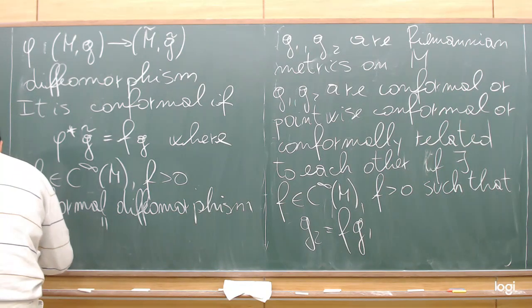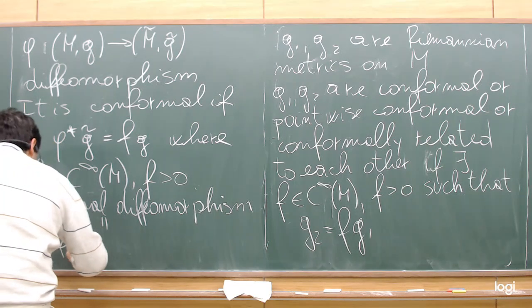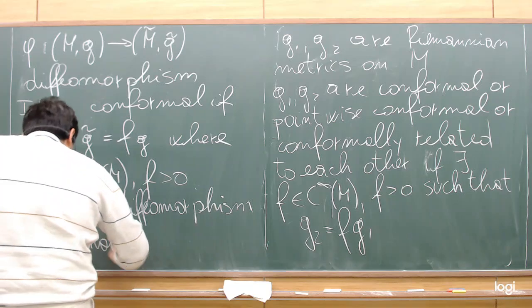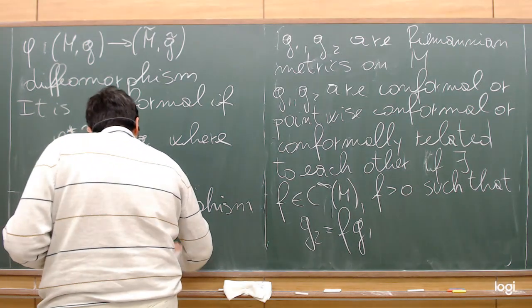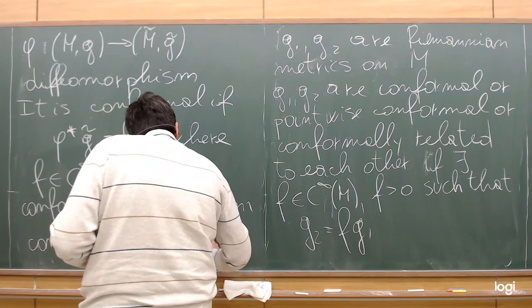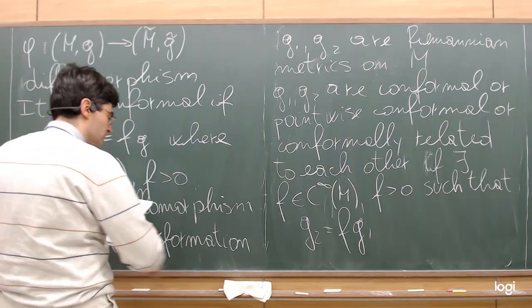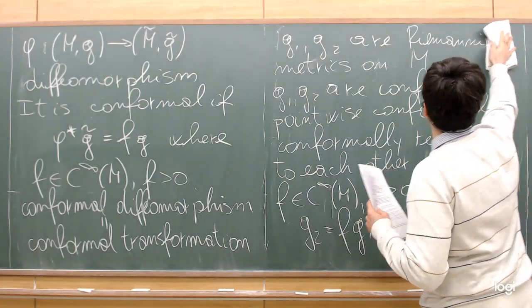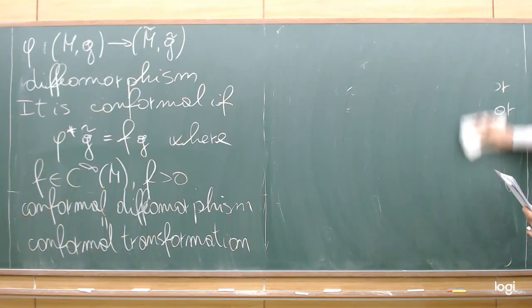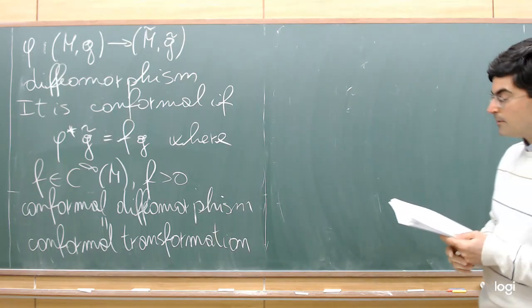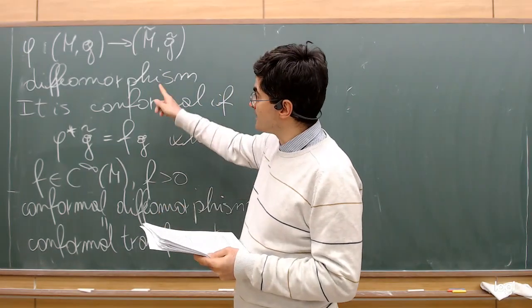You can say that phi is also a conformal transformation if such a map phi exists.